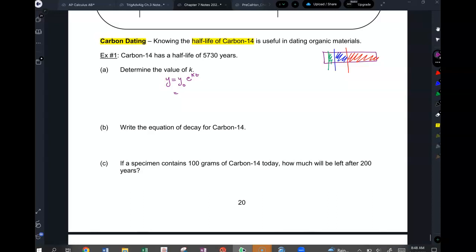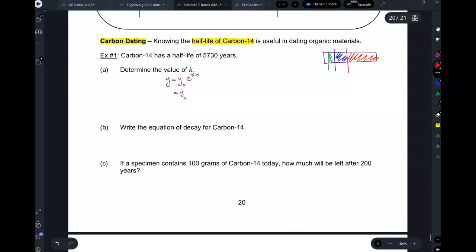So take a look. The initial amount is y naught, okay? If we're talking about half-life, the final amount is always going to be half of the initial amount, half y naught, equals y naught e to the power of k times 5,730 years.